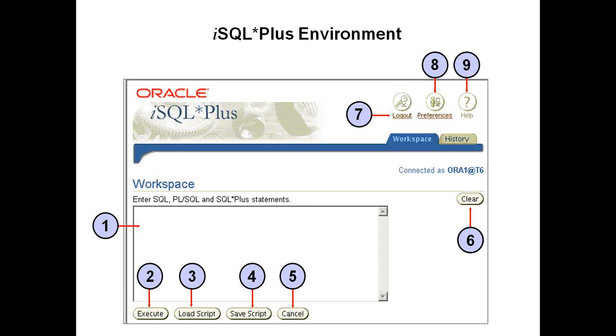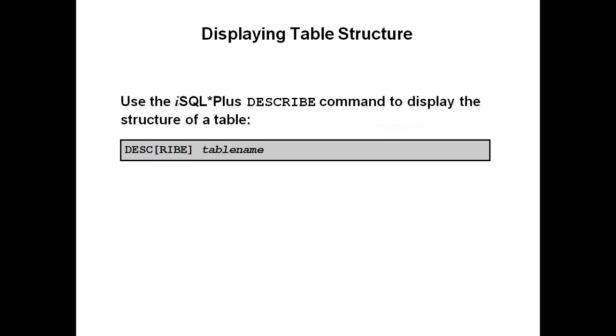For that we have the save script option, and then the cancel option. If you don't want to perform something, then you can go for the cancel operation. And of course we have a clear button on the right hand side, with which you can clear whatever you have written in the workspace. And on the top you have options to log out or to change some preferences and all.